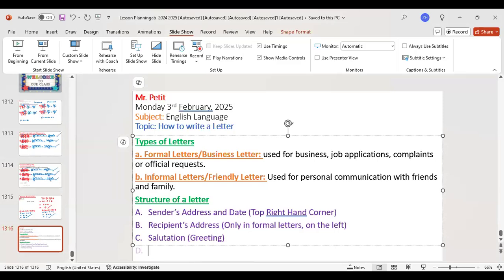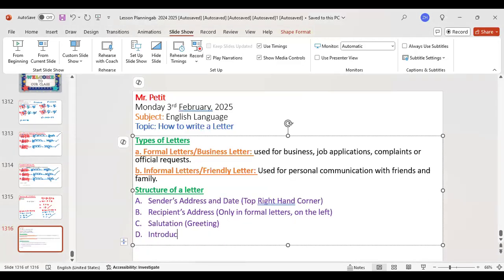What else do we need? The indent. The introduction. Very good, Chanel. You need the introduction. After the introduction, you're going to need what?